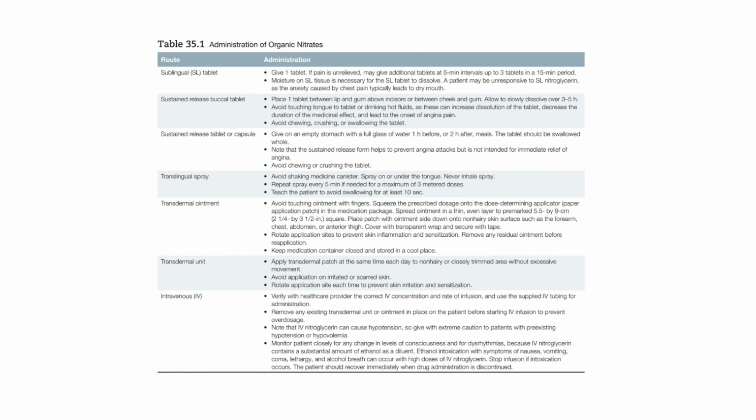Luckily, at the top of the stairs there's a bench they can sit on, and they take out their nitro tablets and put one under their tongue. And they can do this two more times, so three in total, over a span of 15 minutes.